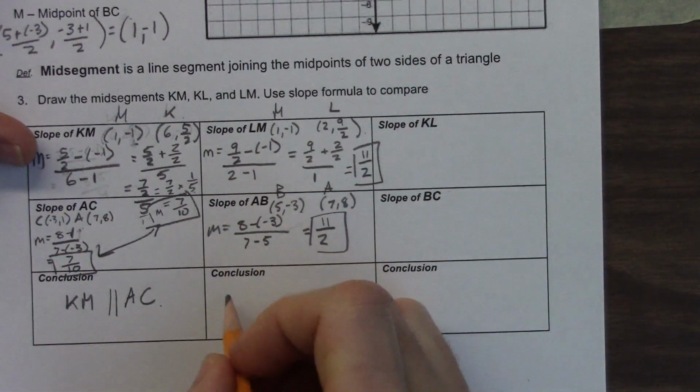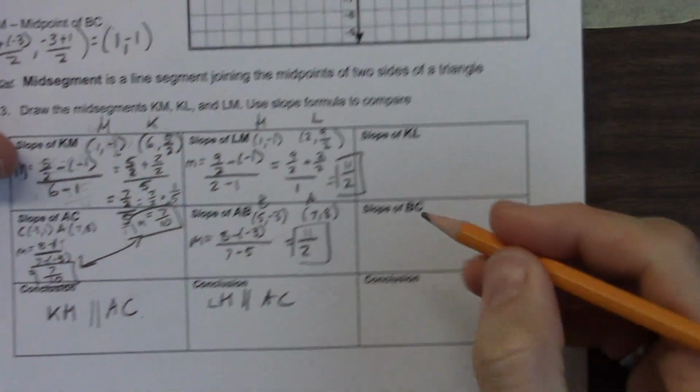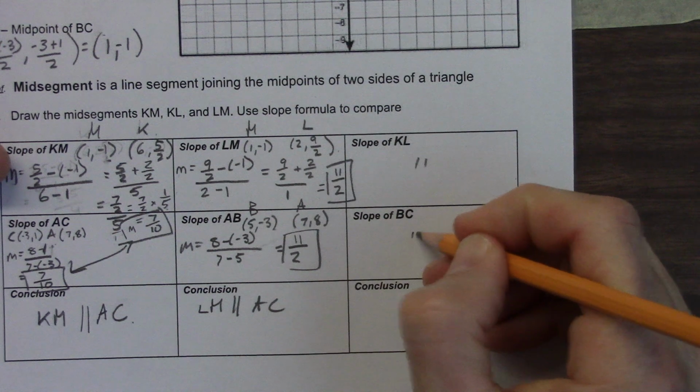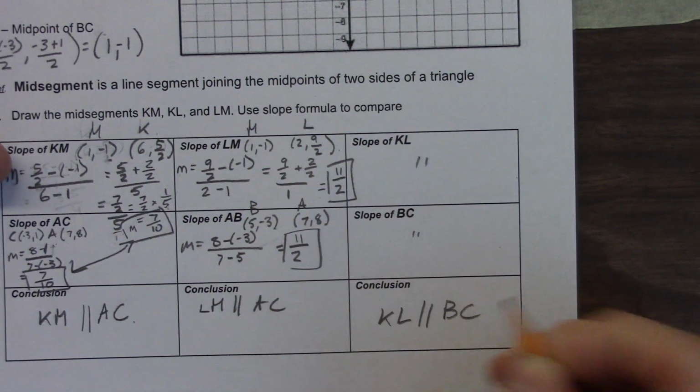Look at that. So LM is parallel to AC. And this is going to be the same conclusion. KL is going to be parallel to BC.